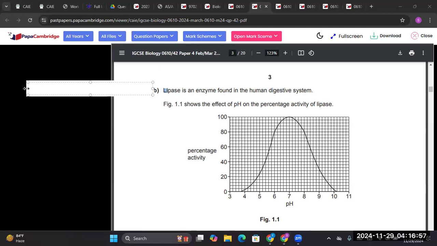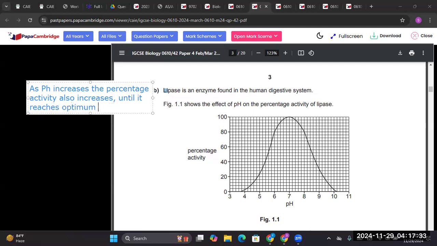The way you're going to answer this is: as pH increases, the percentage activity also increases until it reaches the optimum pH of 7, at which the activity of the enzyme is 100%.